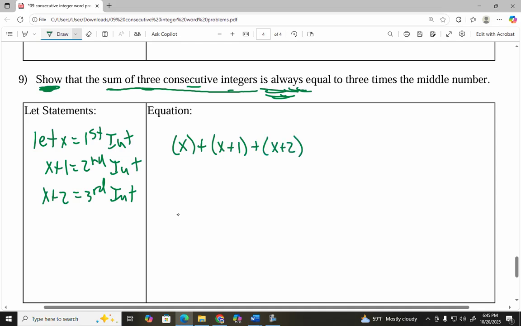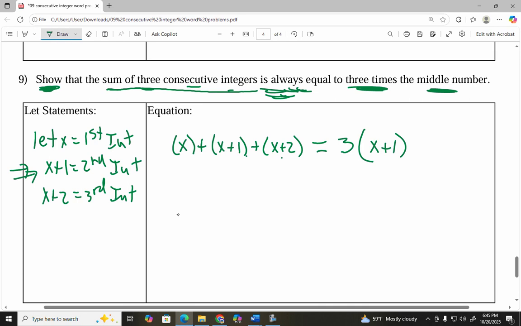And I want to show that the sum of these is always equal to 3 times the middle number. This one is the middle number. So the sum of the 3 integers is always equal to 3 times the middle integer.